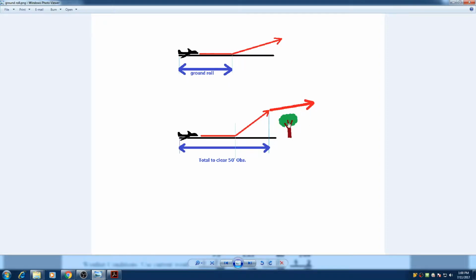However, if you have an obstacle at the end of the runway, not only have we used this much runway, we have to rotate and become airborne and be at our Vx speed, which is best angle of climb, and clear that obstacle as soon as possible, and then we can go back to our Vy, which is best rate of climb, so we can safely continue our flight. So technically we have used this much of runway, so the total to clear a 50-foot obstacle is always a much higher number than the ground roll.